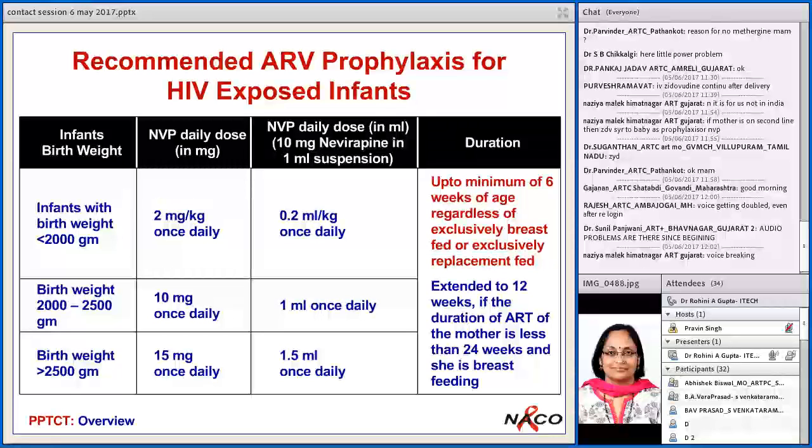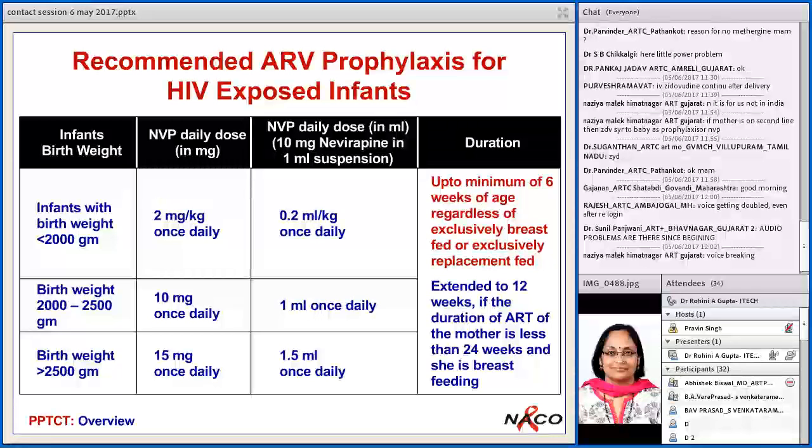At 6 weeks, we find out whether the mother is breastfeeding or not. If the mother is breastfeeding, the next question we ask the mother is, when was your ART started? If her ART duration is less than 6 months at the time of delivery and she is breastfeeding, then to protect the baby, we need to extend the syrup nevirapine prophylaxis to 3 months.